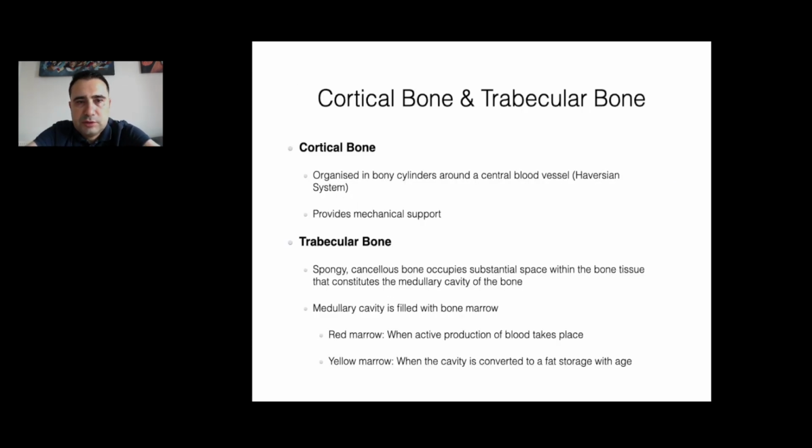The cortical bone is organized in bony cylinders around a central blood vessel, which is called the Haversian system, and it provides mechanical support, while the trabecular bone is spongy, cancellous, which is softer, and occupies substantial space within bone tissue. It constitutes the medullary cavity of bone. The medullary cavity is filled with bone marrow, which can be red or yellow marrow.